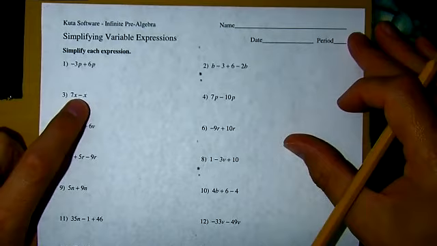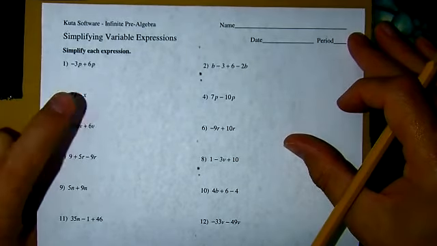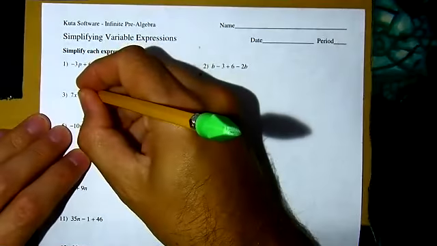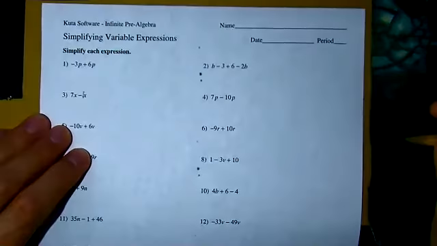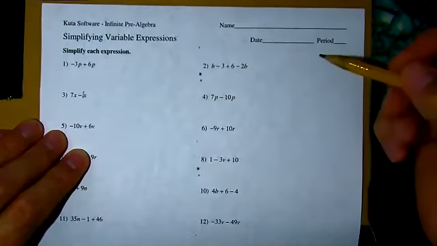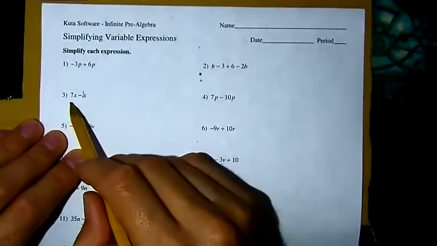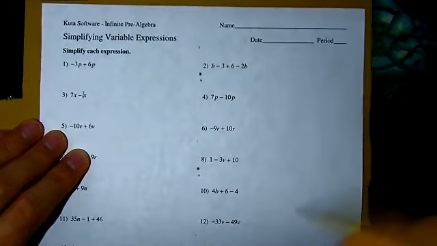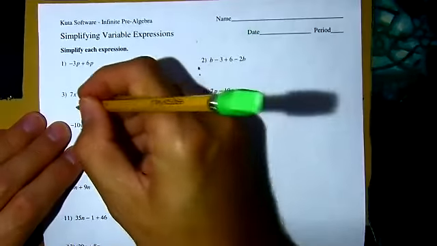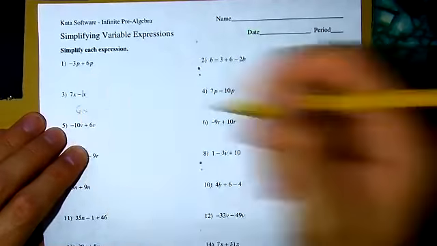If there's not a number in front of your variable, by the way, the number in front of your variable is called a coefficient. If there's no coefficient in front of your variable, always add a 1 because there's an invisible 1 there. So if you did 7x minus x, it's just 7, that would be wrong. If you did 7x minus x, it's just 7x, then that would also be wrong. It's actually 7x minus 1x, which ends up being 6x.